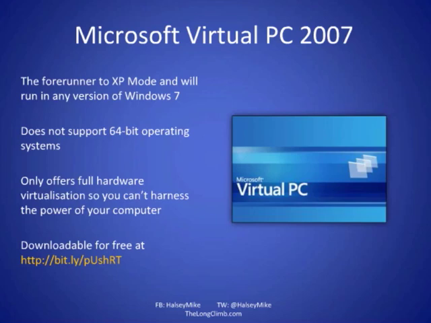The difference between XP mode and Virtual PC 2007, because they're based on the same product, is that XP mode is a partial virtualization solution, so that your virtualized copy of XP can still get access to things like USB devices and such. The original Virtual PC, which you can see there's a bit.ly link here where you can find it, or you can search for it online, is full virtualization.